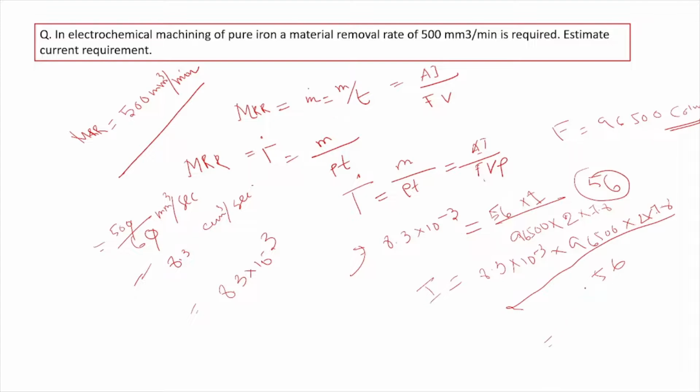What is the result of this I? What will be the current? It will come in ampere. I'm getting approximately 224.